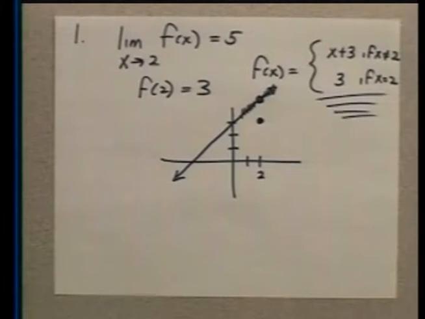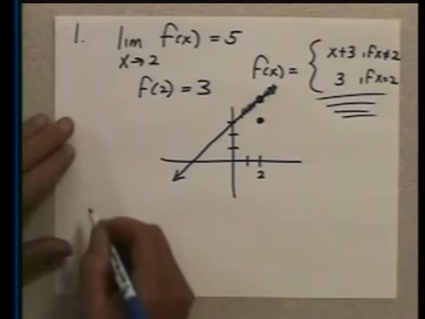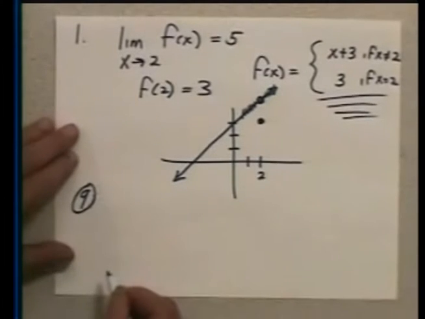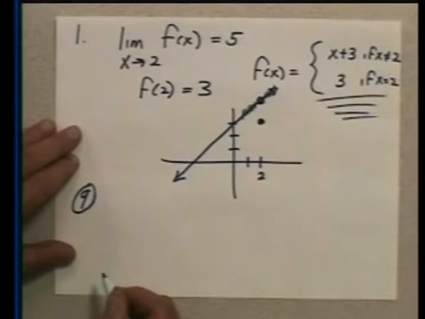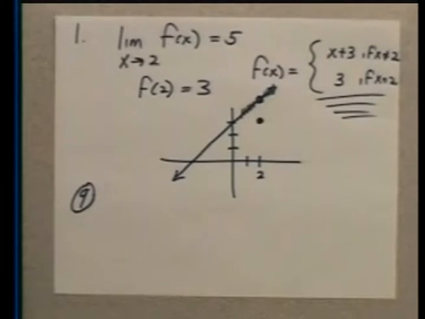Okay, anything else from 2.2? Anything else that's not clear? Number 9. Number 9? Okay. On number 9, they have a picture of a function and they're asking questions.